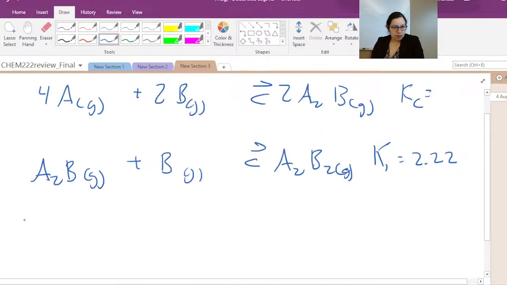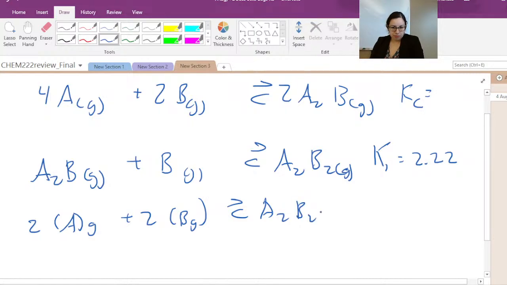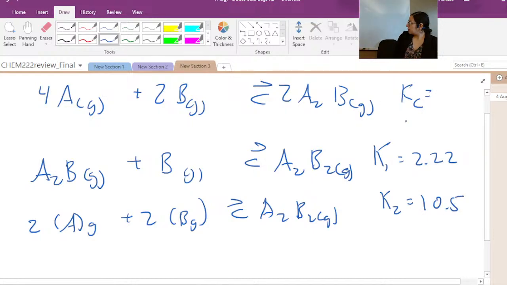And then given this next reaction, 2A plus 2B gives us A2B2, and this K is 10.5. So see if you can calculate Kc then.